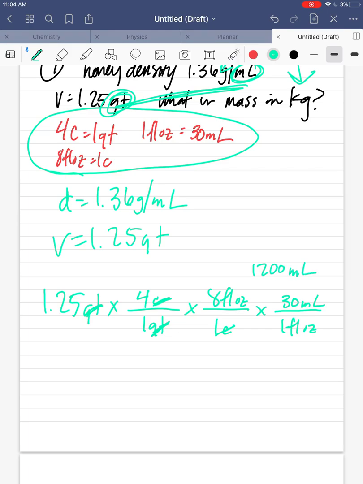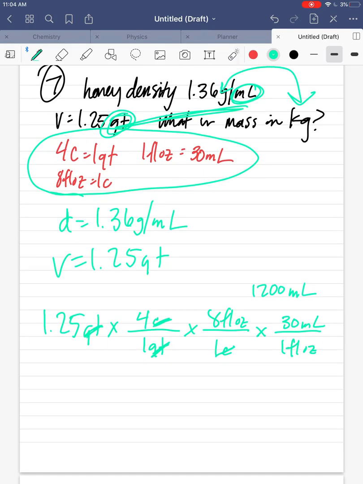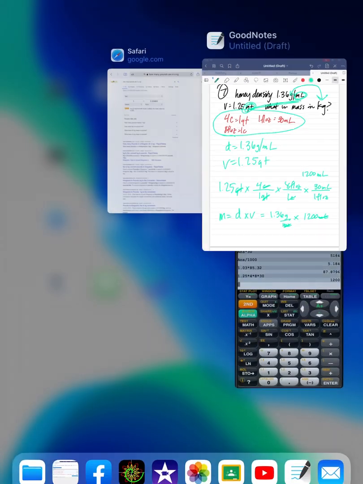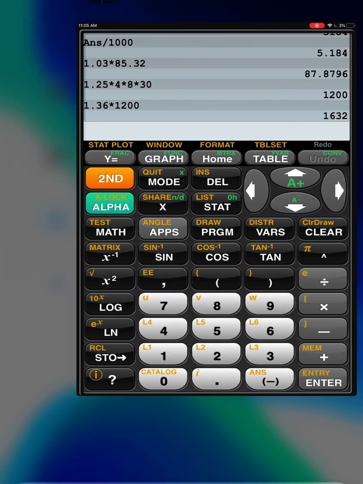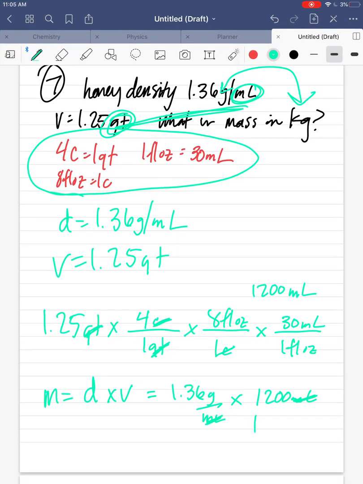All right, so that's 1,200 milliliters. Now, we can go ahead and multiply that by the density because, again, we're looking for the mass. Mass is equal to density times volume. So that's going to be the density, 1.36 grams per milliliter times 1,200 mils. Mils cancel. So 1.36 times 1,200, 1632 grams.